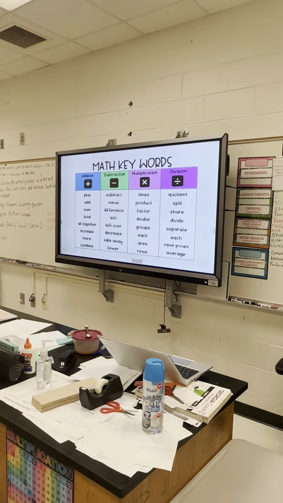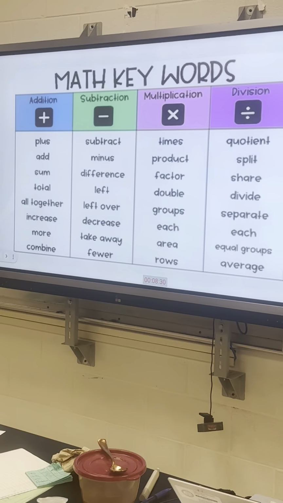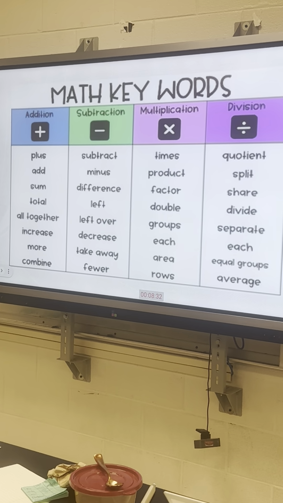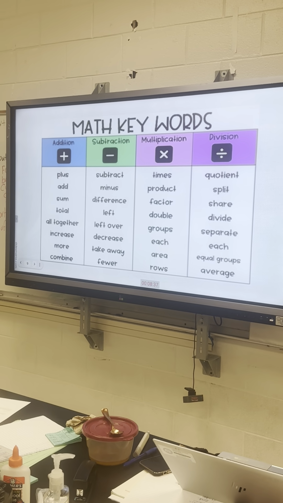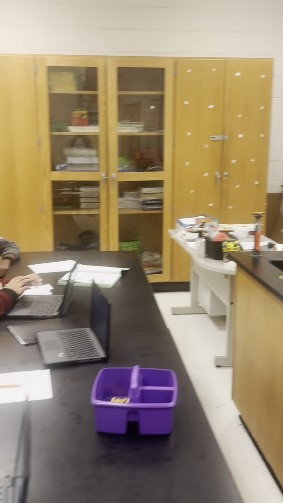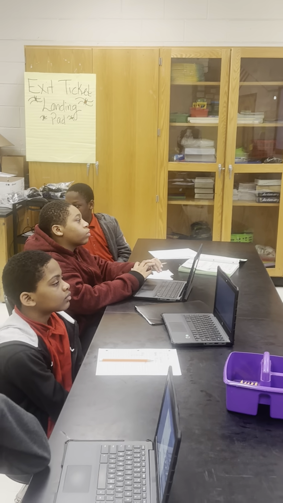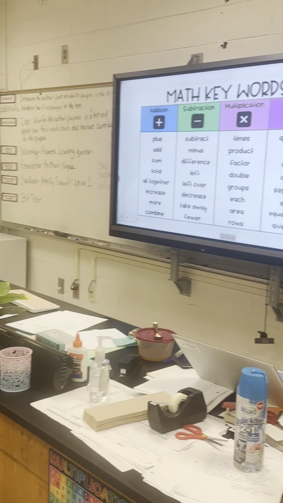Okay, so here, this is a chart of common mathematical words, right? Sometimes, most of the time, when you read a word problem, it's not gonna have a plus sign in our word problem. It's not gonna have a multiplication sign in our word problem. It's gonna be words, okay?